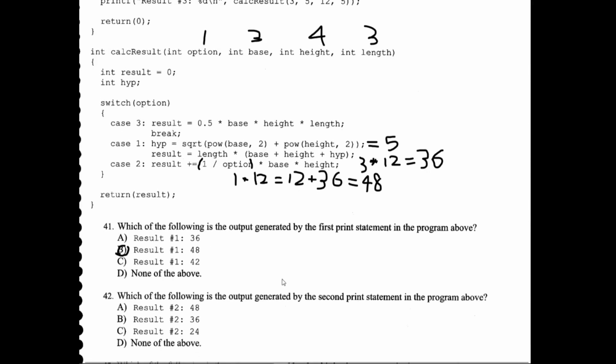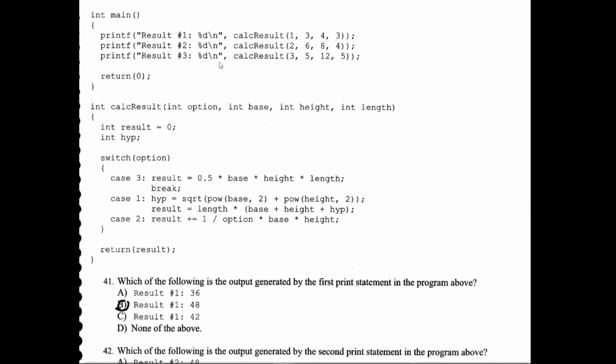Moving on to 42, it asks, which of the following is the output generated by the second print statement in the program above? Print statement 2 is passing 2, 6, 8, and 4. It's just going to be this last case here, since option is 2.